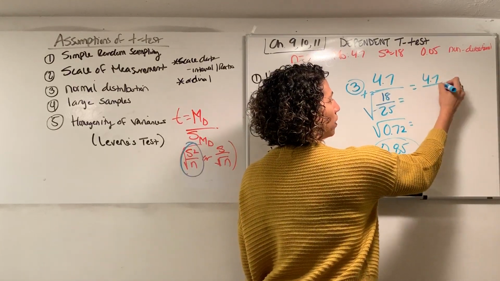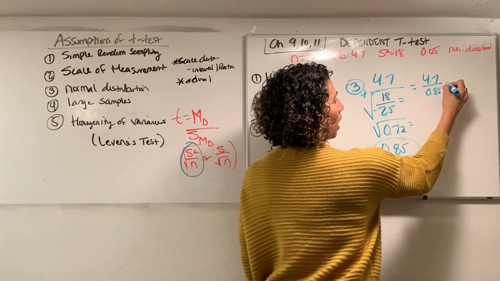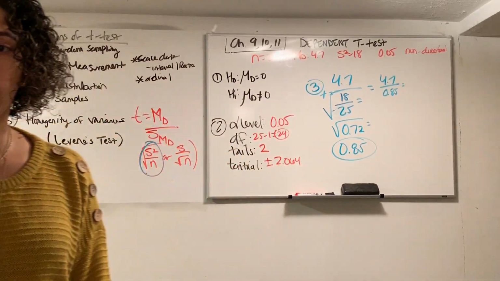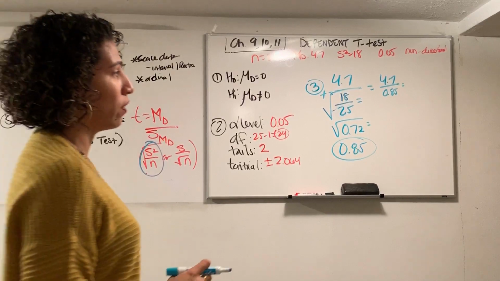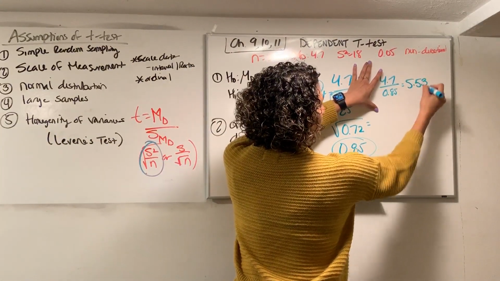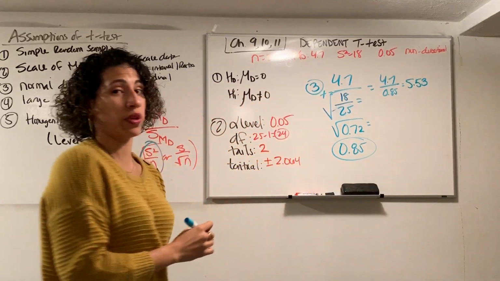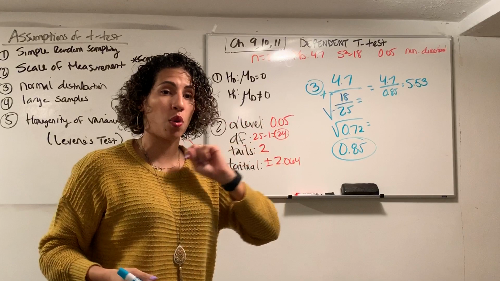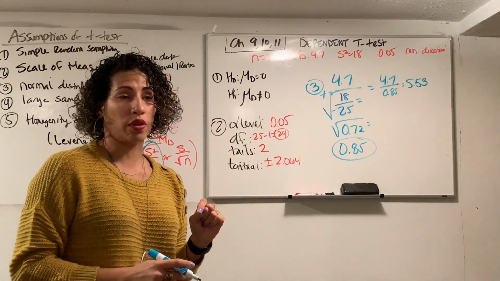So 4.7 divided by 0.85 leads us to what value? It leads us to 5.53. So 5.53 is the comparison we do once again. Is this number bigger or smaller than 2.064?